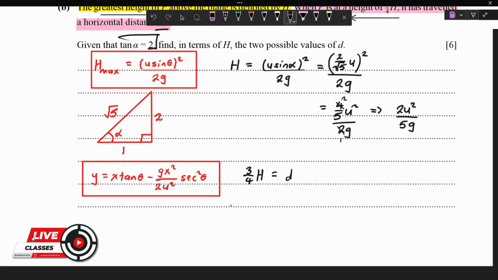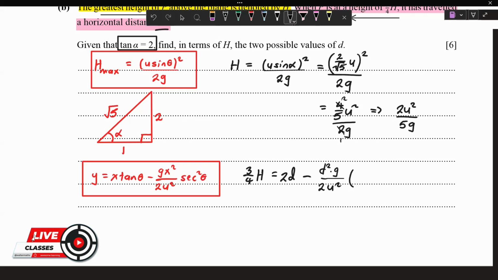Tan alpha is 2, so this is going to be 2d, and that's minus g x squared, so that's d squared g, over 2u squared, of sec squared theta.